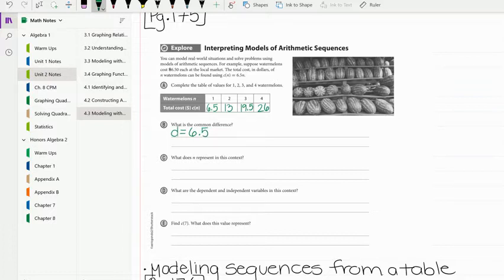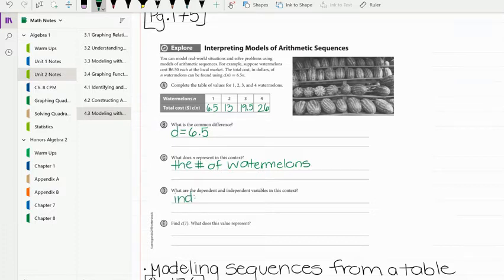What does n represent? So n represents the number of watermelons. So if I want to know how much it costs for 100 watermelons, I would plug in 100 for n. What are the dependent and independent variables?